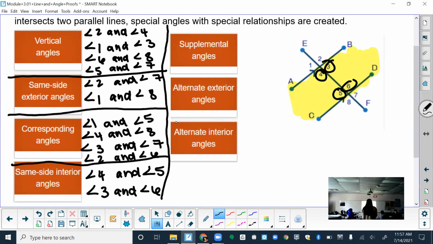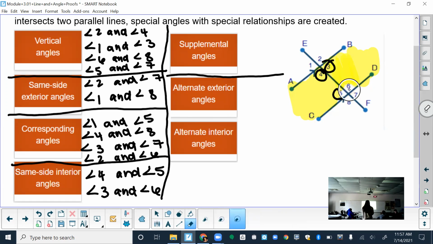Let's look at alternate exterior angles. All right, so we're not looking at the interior anymore. We're going to look at the exterior now.